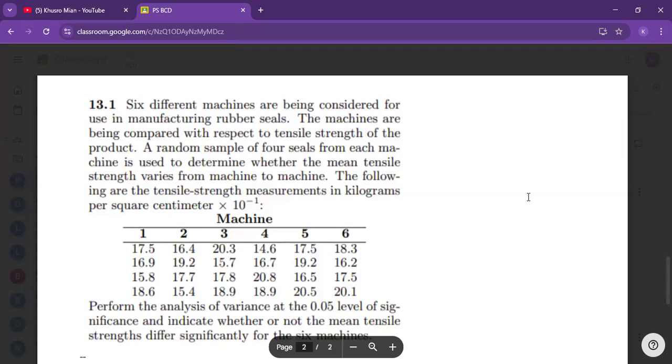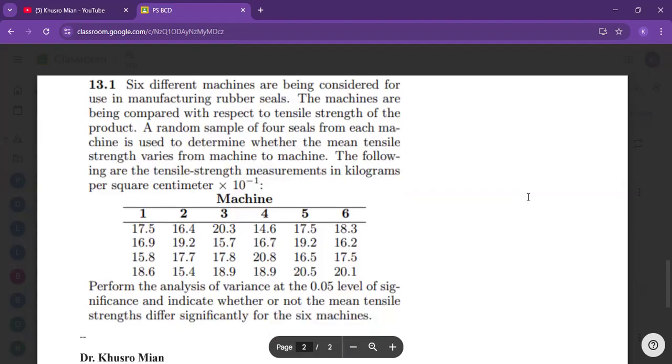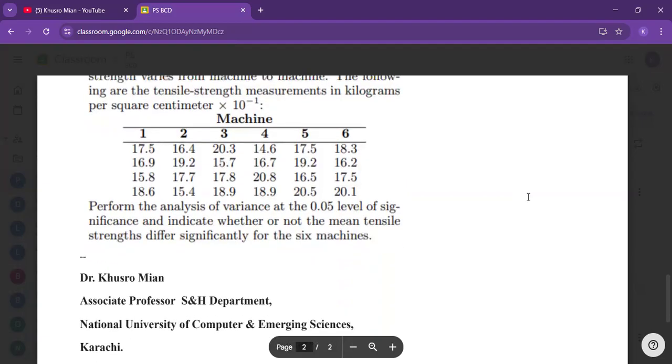The following are the tensile strength measurements in kilograms per square centimeter times 10 to the power minus 1. Machine 1, machine 2, machine 3, machine 4, machine 5, machine 6. This is the data.